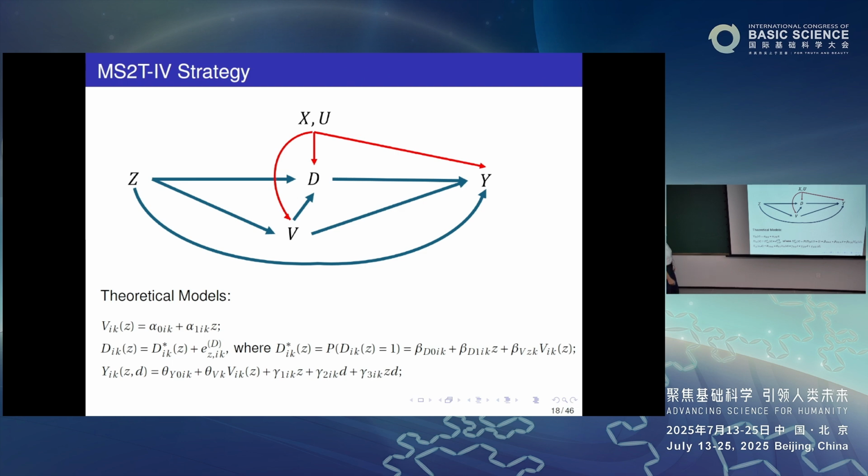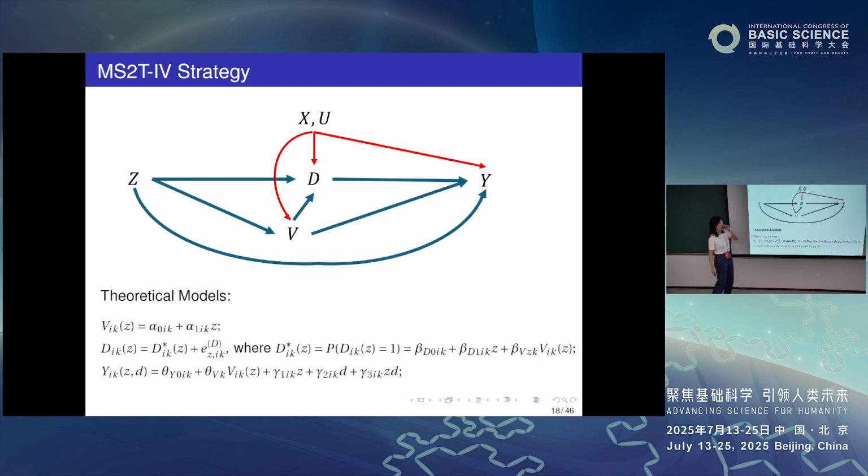So this causal structure is our goal. Now here is our theoretical model. Basically, we explore under what conditions you will be able to recover what you want. And this is our theoretical model for the potential outcomes of V, D, Y as a function of Z. Let's take a look at the first one, V_i(z).